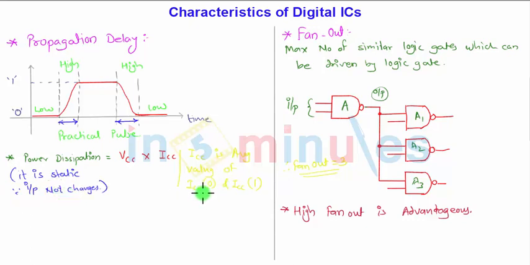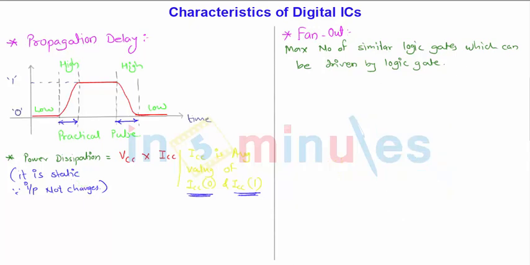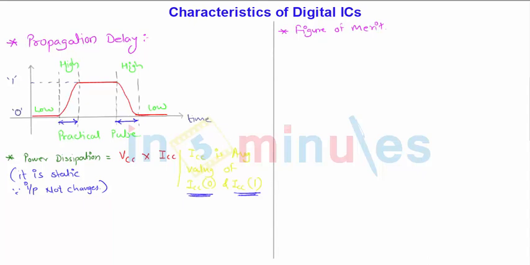because we have only one valid state, either the 0 state or the 1 state, and for a single state there is no need to calculate the average value. So the dissipation for the 0 state is a static value, whereas power dissipation for the 1 state is also a static value. Then at last we have the figure of merit.